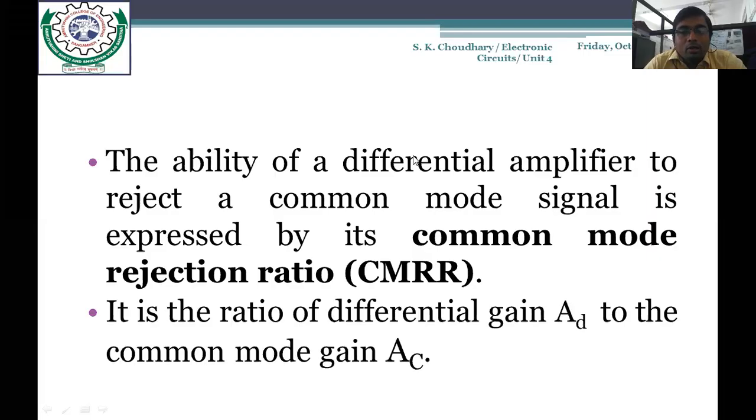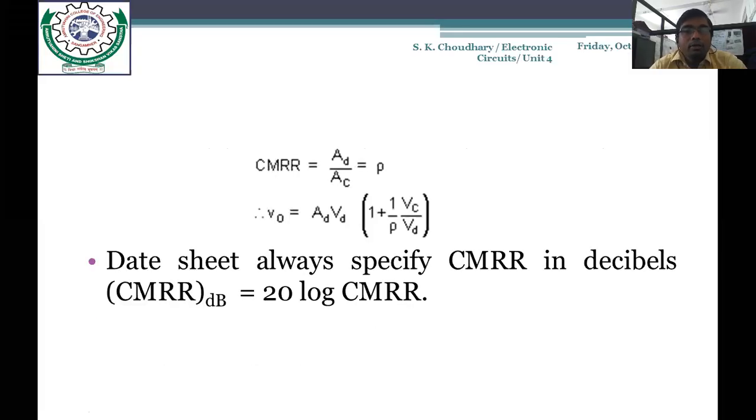So what is the equation for the common mode rejection ratio? It is the ratio of differential gain AD upon common mode gain AC. So CMRR is equal to AD upon AC, and here we have represented it with a constant, rho. Okay. So V0 is AD VD plus AC VC.